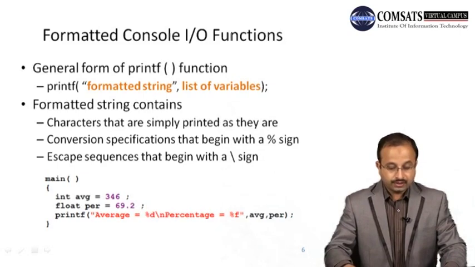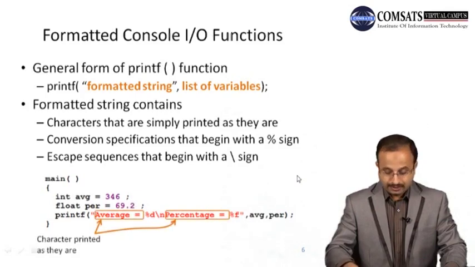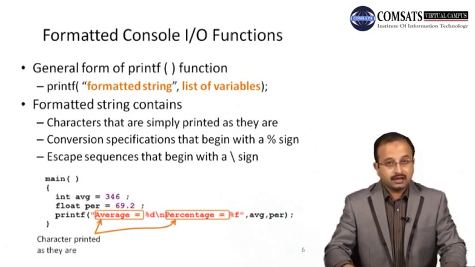So in the printf function we have a formatted string. The text shown in red color inside the inverted commas is the formatted string, and here we have a comma separated list of variables. We are going to display the value of two variables, so we have two variables over here. Now this formatted string contains characters that are printed as they are.